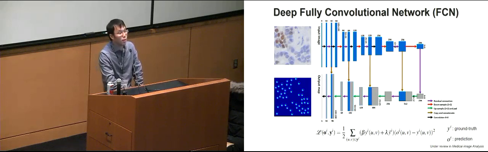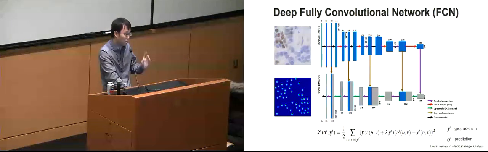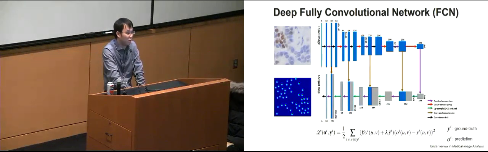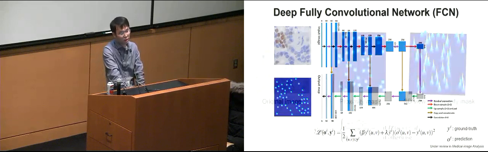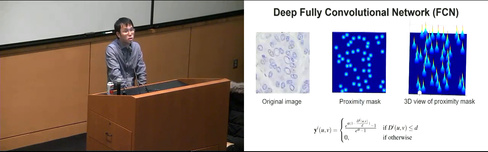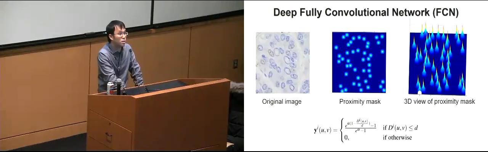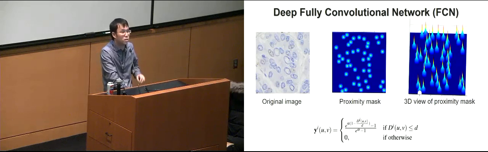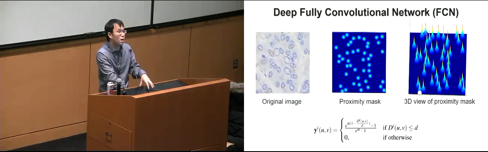And for a little bit more detail about the structure label in the bottom left: in order to train this model, we need to give some kind of supervised information, and this is what we define as the structure label. Given the images and also the human annotation ground truth, we calculate one kind of structure label, which we call a proximity mask, to measure how far each pixel is from the human-annotated location in the image data.